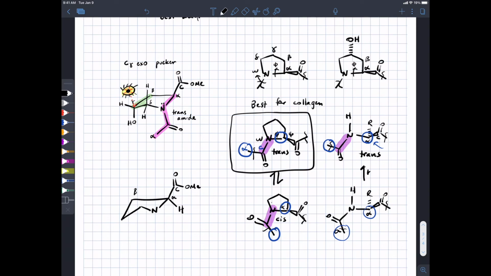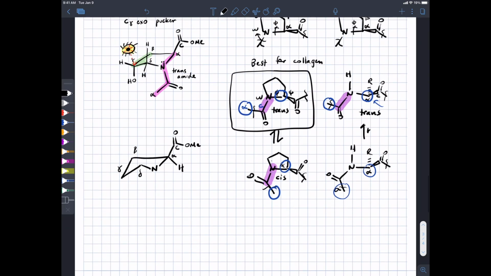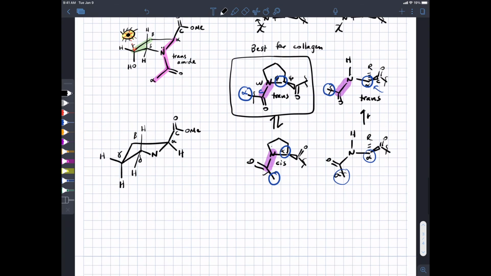In the particular conformation that we've drawn, the gamma carbon is pointing down out of the plane established by the nitrogen, alpha carbon, and beta carbon. We call this the C gamma endo.